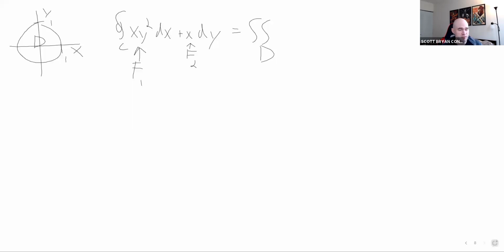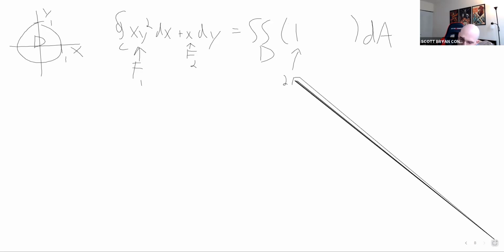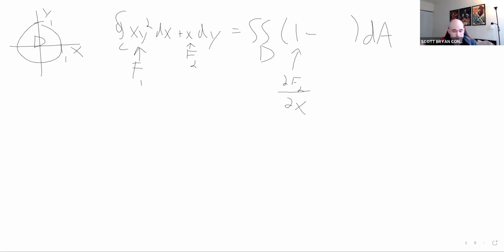What's the partial of f2 with respect to x in this case? It's just 1. Minus the partial of f1 with respect to y. So the partial of f1 with respect to y, x squared y, differentiate with respect to y, we just get 2xy.